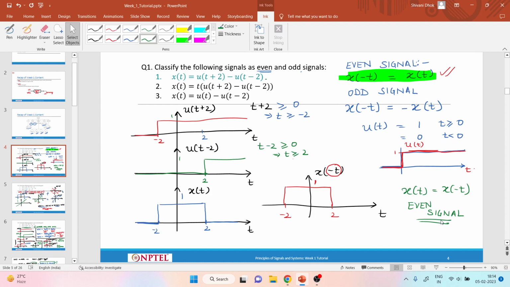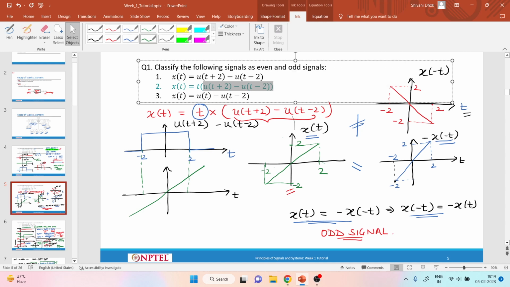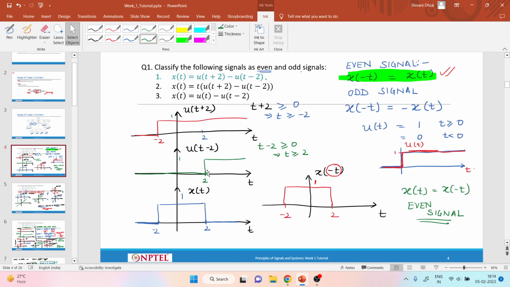Now in the second question, our x of t was defined like this: x of t is equal to t into u of t plus 2 minus u of t minus 2. This part, that is u of t plus 2 minus u of t minus 2, we had seen in the first question. So this was the first part.